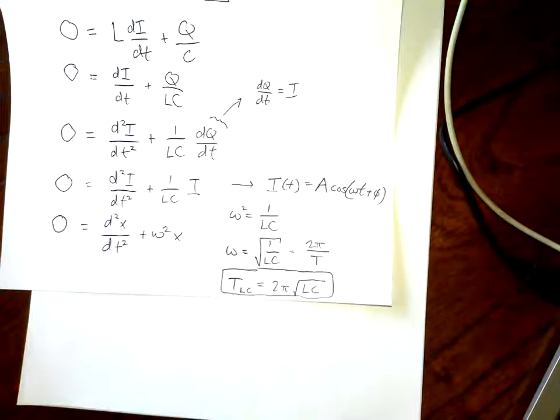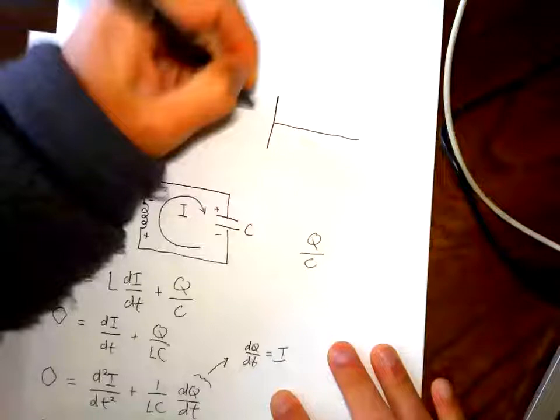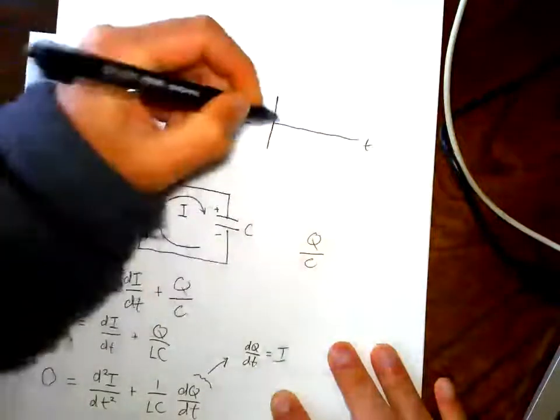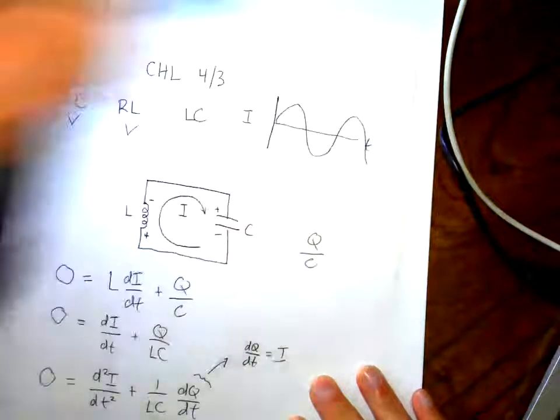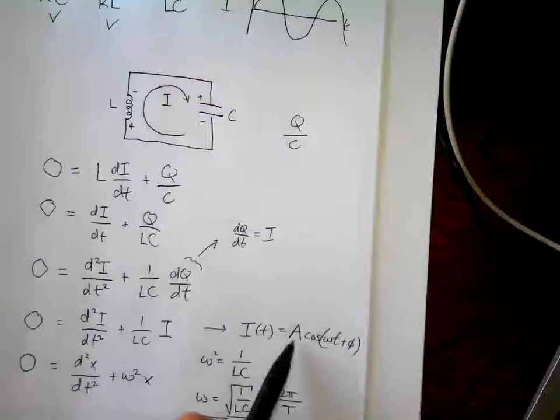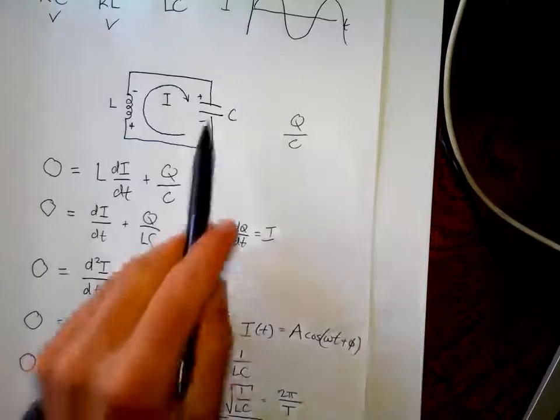The period of an LC circuit is 2 pi square root of LC. So if I have the current as a function of time, it looks like this. Simple harmonic motion. The amplitude of the current depends on the initial charge on the capacitor, basically.